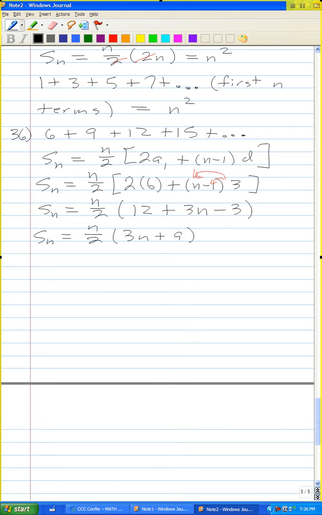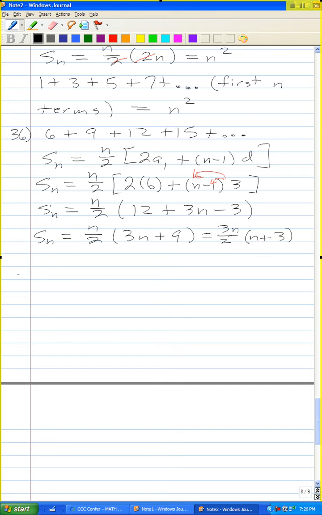Okay? So this is equal to, well, maybe I'll leave it like this. Let me factor out a 3, I guess. So this is 3 halves times, factoring out 3, n plus 3.